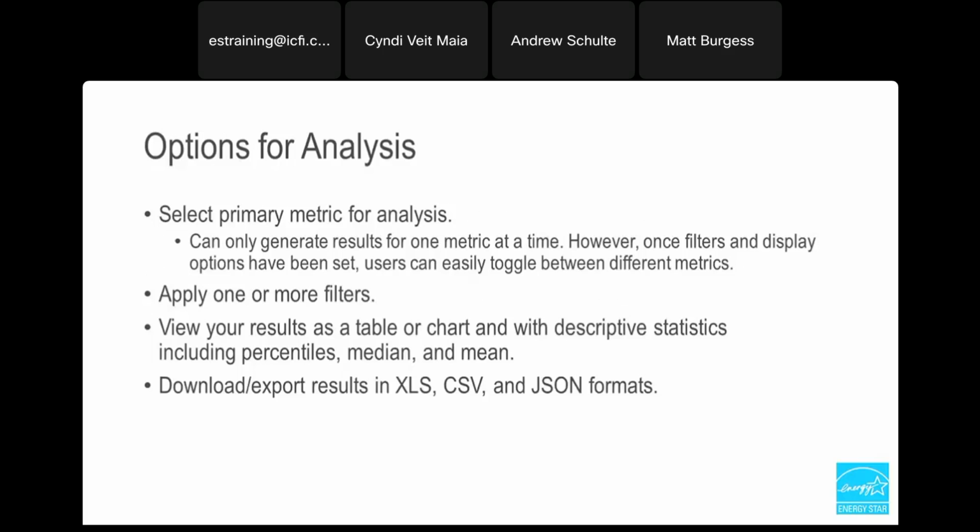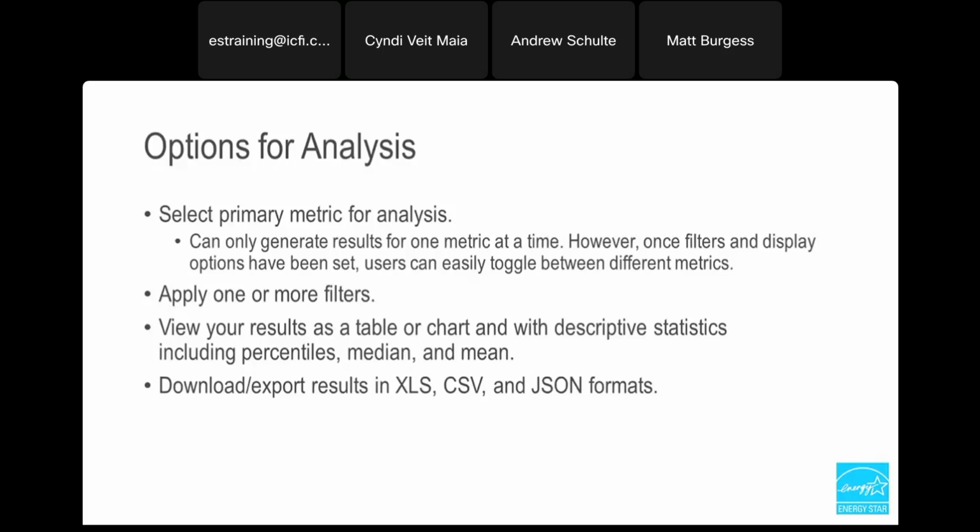All right, so a few slides quickly to orient you on the tool, and then we are going to jump in for a demo. What options do you have available for conducting analyses using this tool? Well, in short, the first thing you're going to do is select a primary metric for analysis. At this point in time, you can only generate results for one metric at a time.